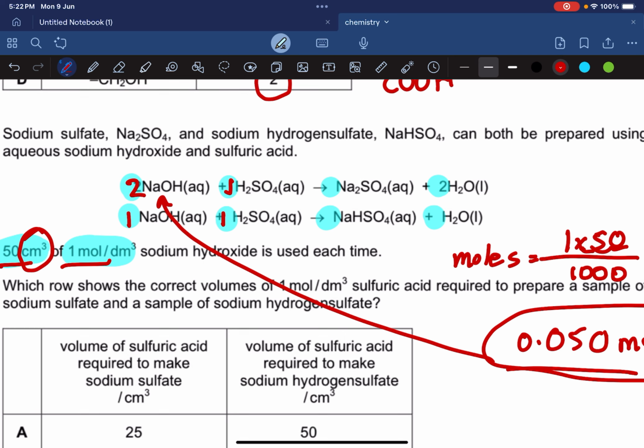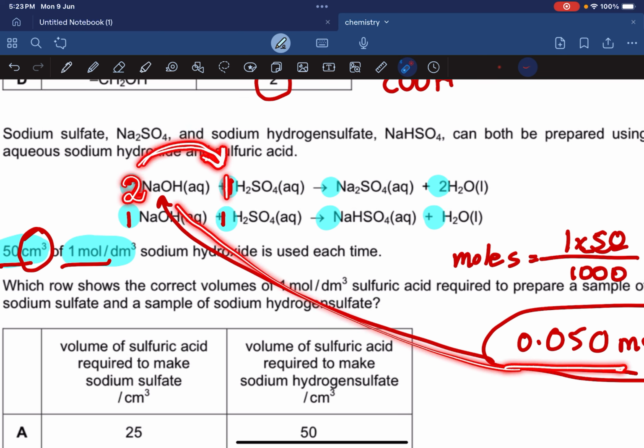Look, with 0.05 moles of sodium hydroxide, how many moles of sulfuric acid will react? If I take 2 moles of this, 1 mole will react. Okay, half the moles of sulfuric acid. We're always taking half the moles of sulfuric acid. So for 0.05 moles of sodium hydroxide, half of this will be the moles of sulfuric acid, because half of 2 is 1.